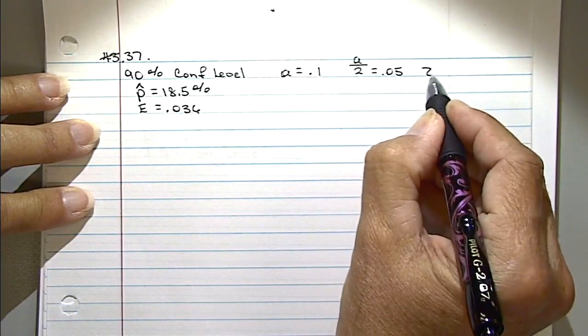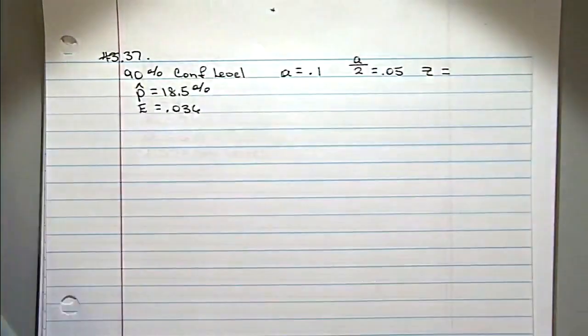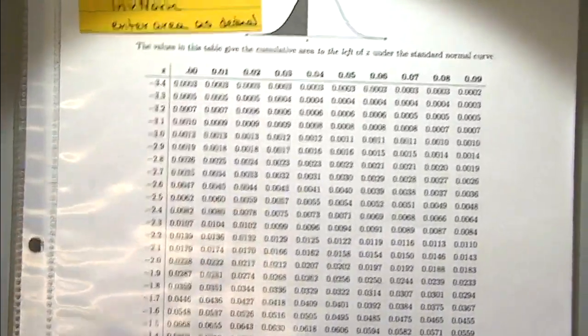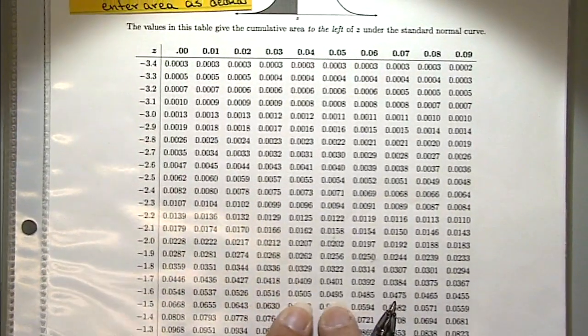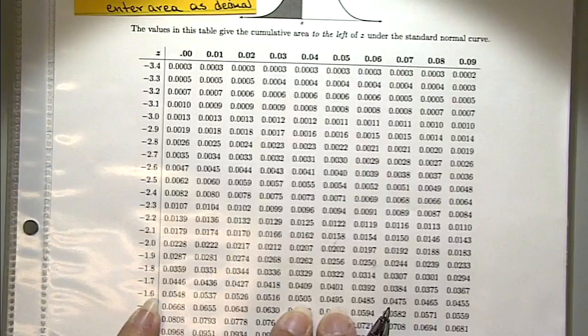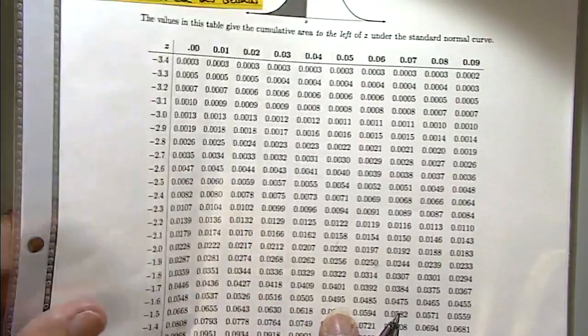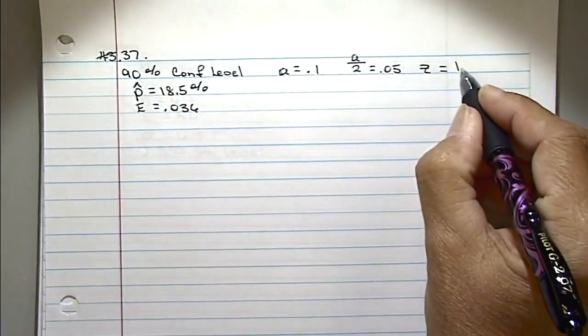And so then the Z score for this one, we would look it up, right? 0.05. And I'm coming between these two numbers. It's going to be 1.64, 1.65, and generally we just go up, because if I hit between them, I would go 1.645, and that would round up to 1.65.